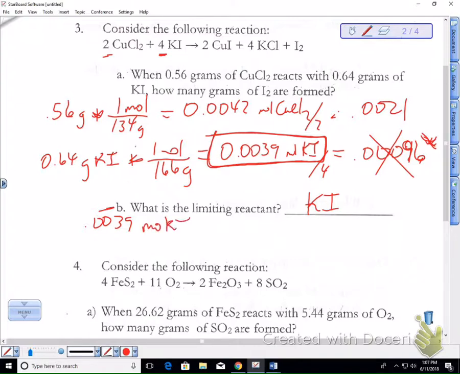moles of KI. And we're going to use the ratio to find iodine. So 4 moles of KI.